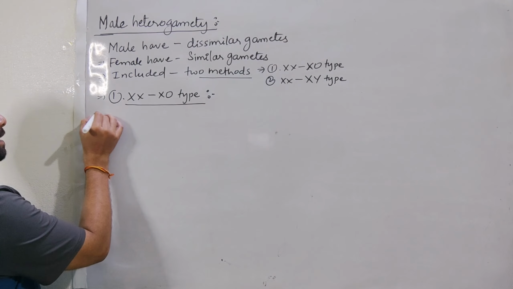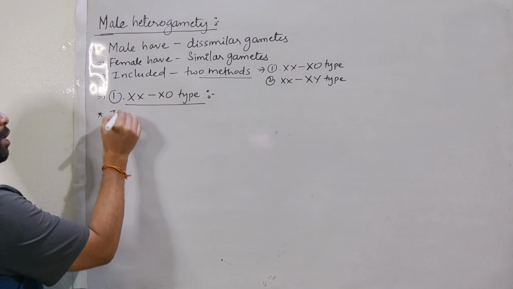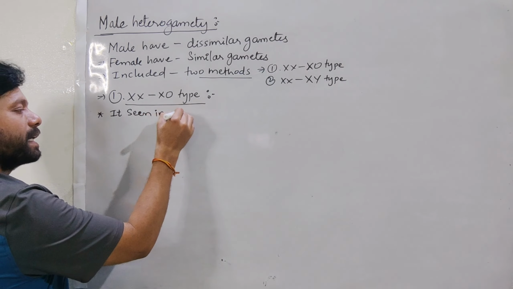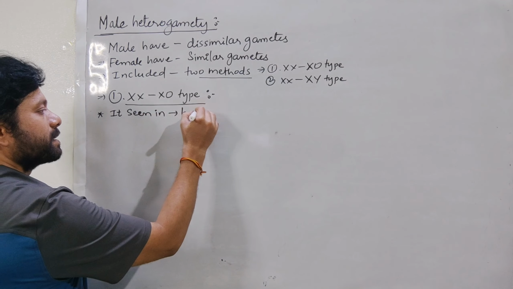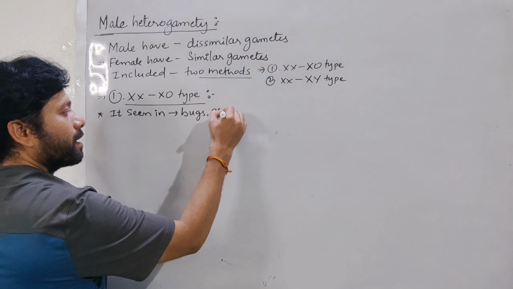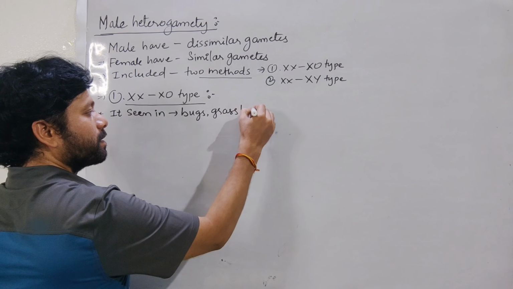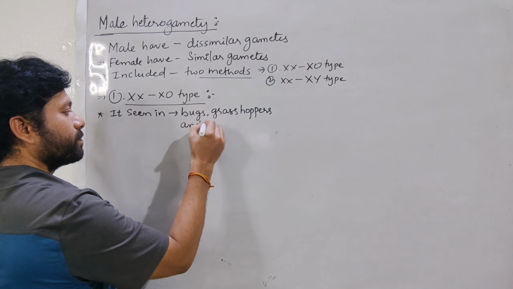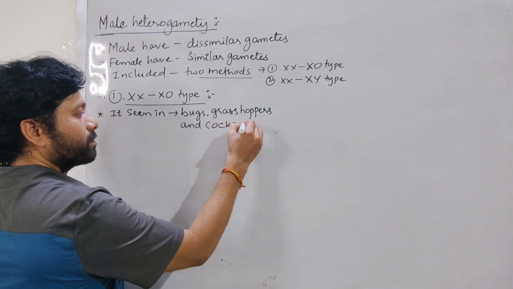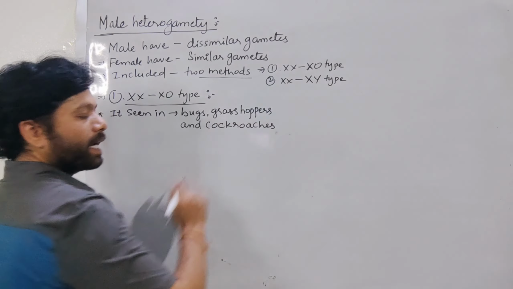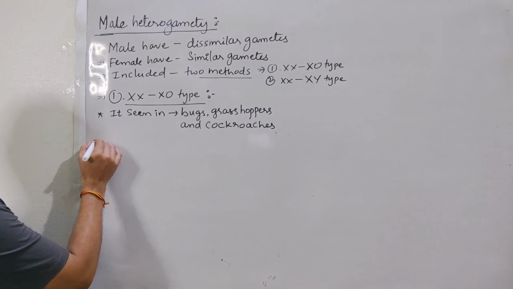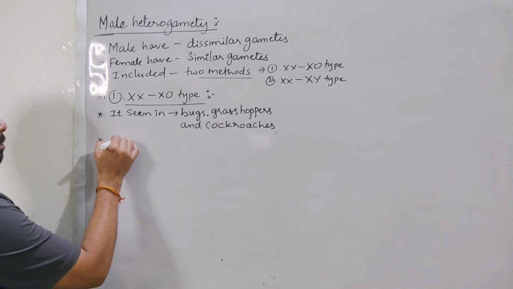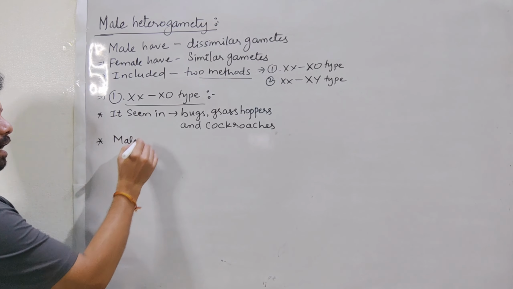It is seen in some insects like bugs, grasshoppers, and cockroaches. So what is the karyotype?